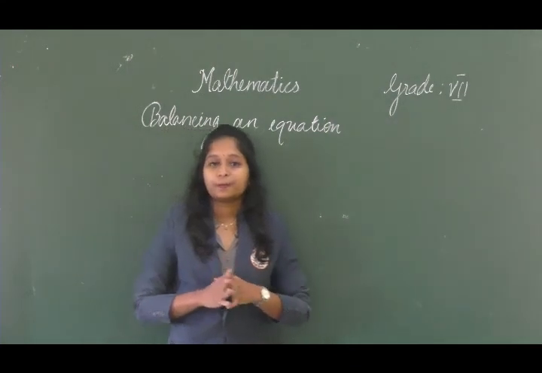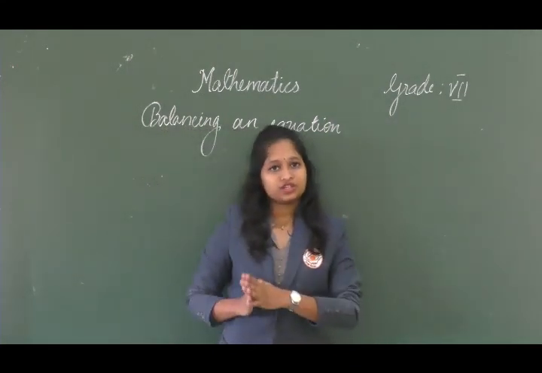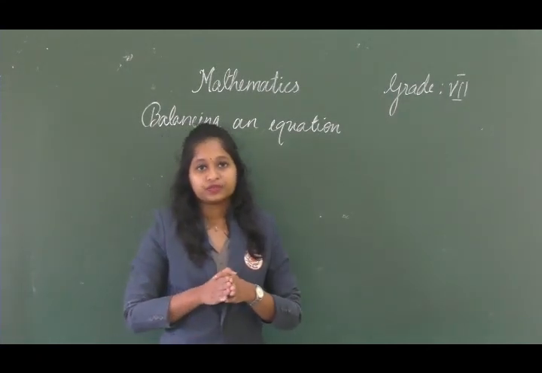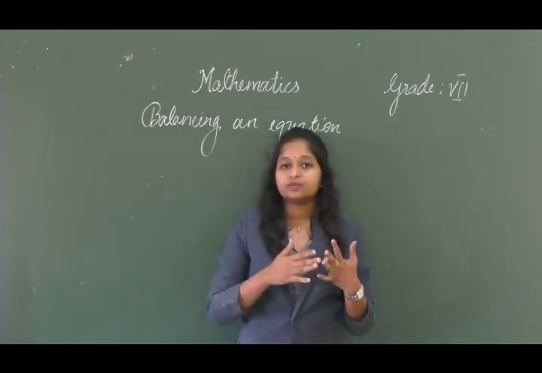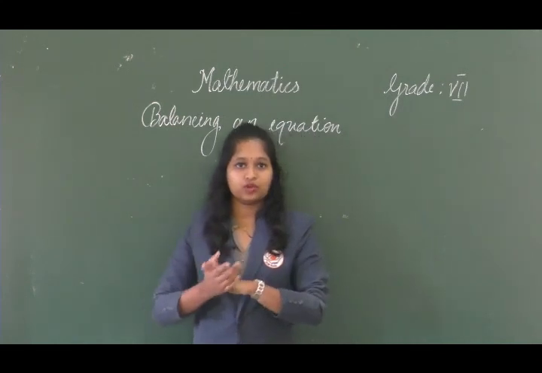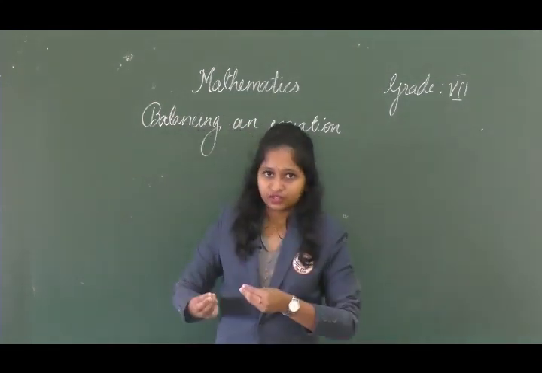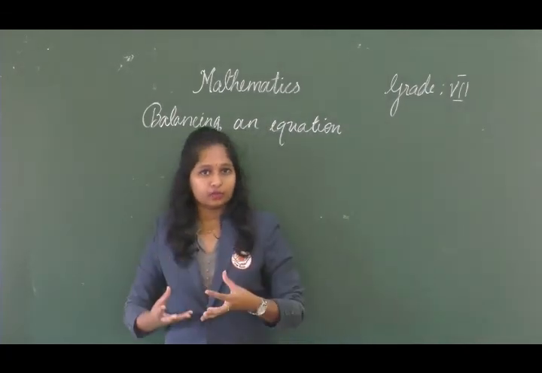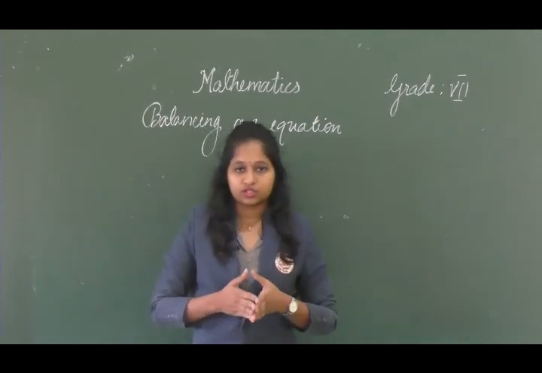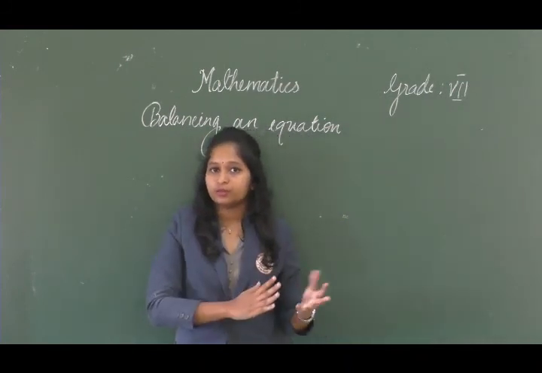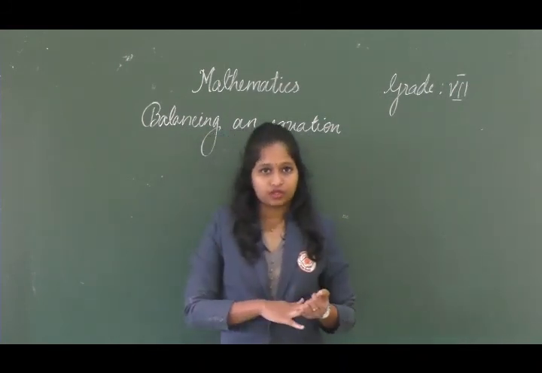So in case of equations also, there are some rules: if you add something to the left side of an equation, that means if you add one number or one variable to the left side of an equation, we have to add the same number or same variable to the right side of the equation.